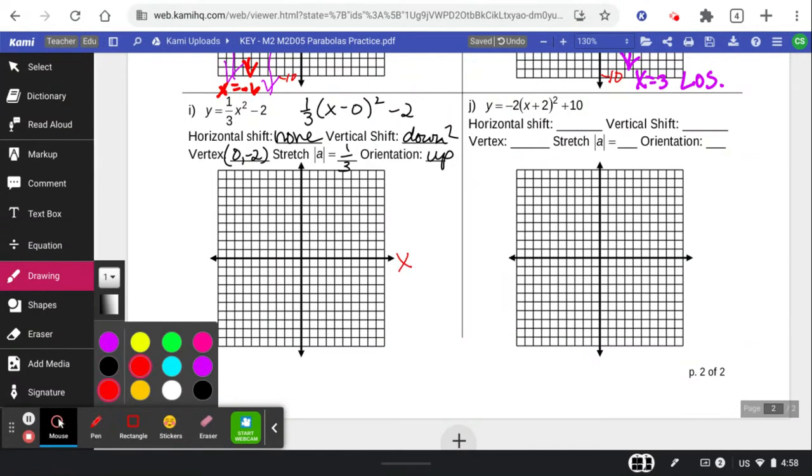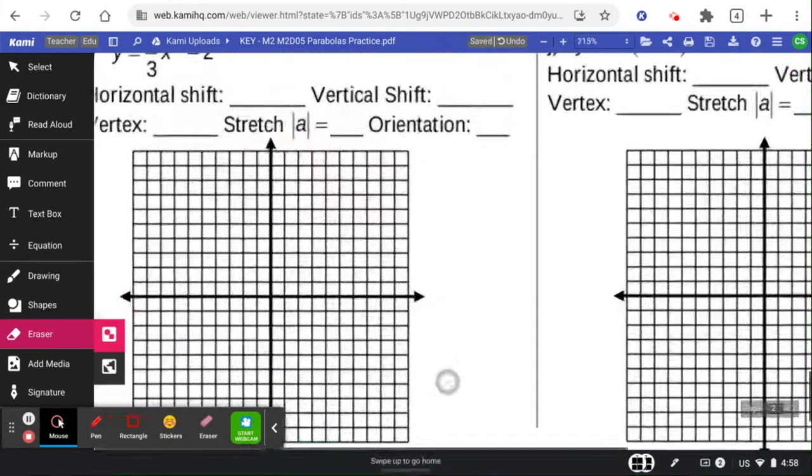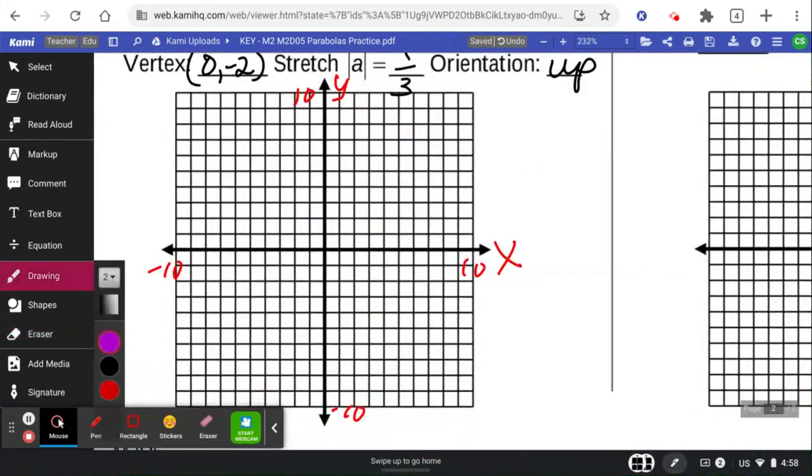That's okay. There's my labels and scales. Go ahead and put that first dot at 0, -2. From there, I'm stretching up 1/3 as fast as the parent. Out 1, up 1/3, like literally. Let's zoom in. So 0, -2.